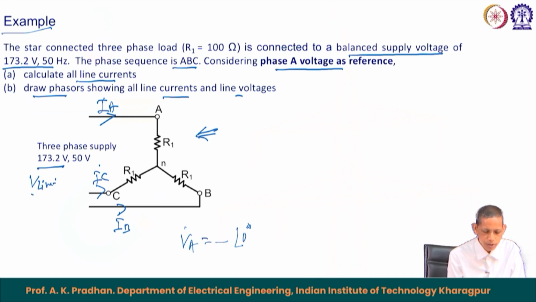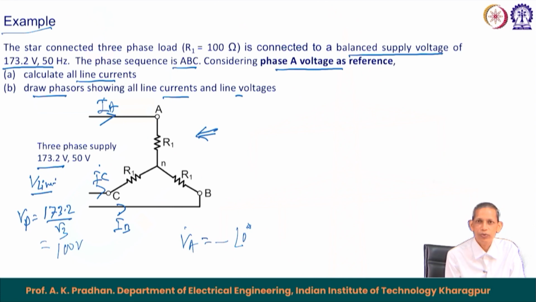So, for a 3 phase star connected system, the phase voltage becomes 173.2 divided by root 3. This gives us 100 volt straightforward. So, the phase voltage becomes 100 volt. Now, as per the information given here, phase A voltage is the reference. So, we say that the phase A voltage V A comes out to be 100 in magnitude with an angle of 0 degree.